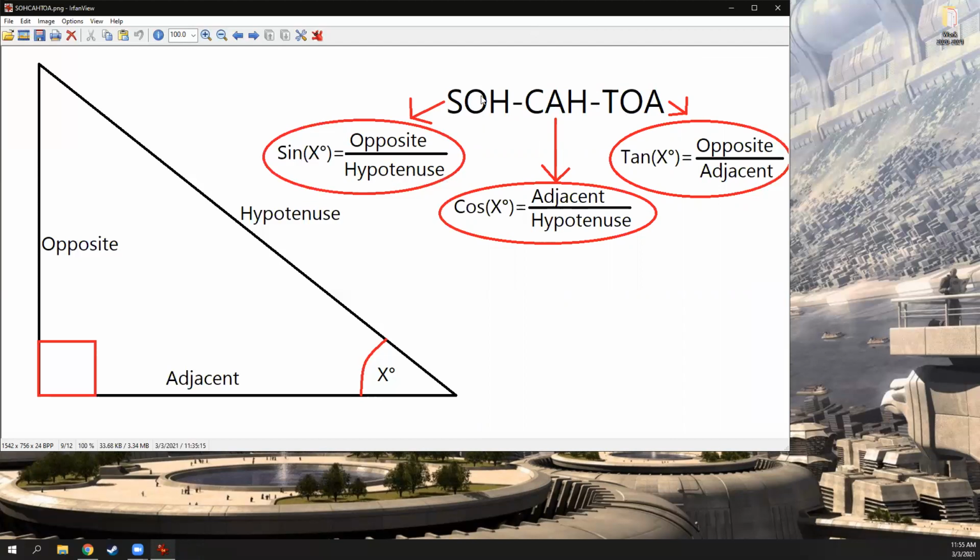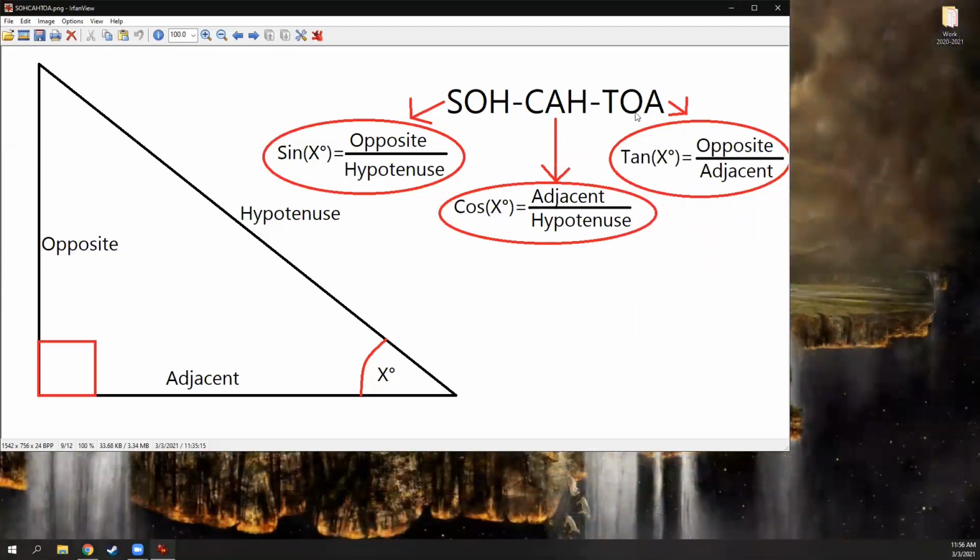This one's always on top, this one's on bottom. Sine equals opposite over hypotenuse. So cosine means cosine of the angle equals adjacent over hypotenuse. Adjacent is A, hypotenuse is H. And then tangent, TOA, T is tangent of the angle X equals opposite O over adjacent A.